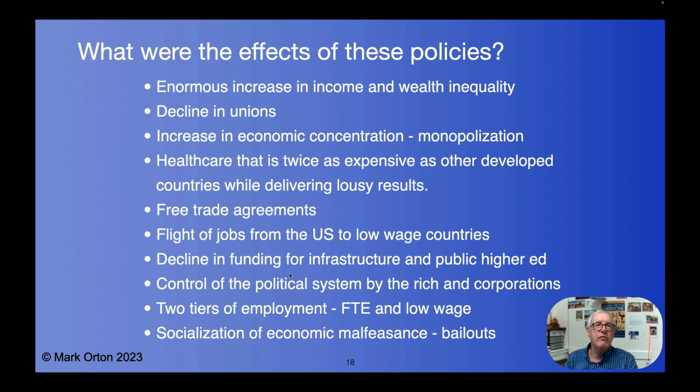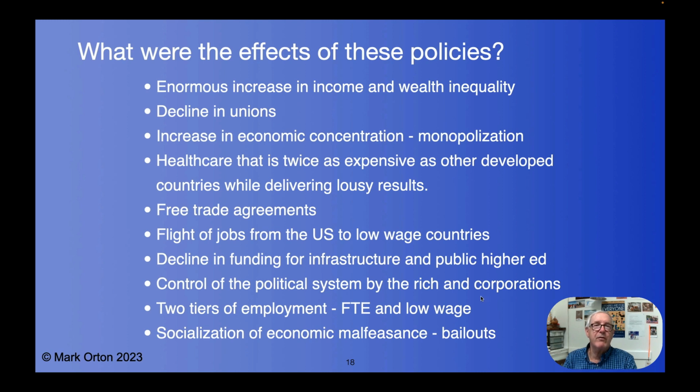There's been a huge flight of jobs from the U.S. to low-wage countries. As part of the small government theme, there's been a decline in funding for infrastructure and public higher education. We've already mentioned that the political system is controlled by the rich and corporations. And one of the things that we can take note of is that we now have essentially a two-tier system of employment. About 20% of the workforce works for the FTE sector.